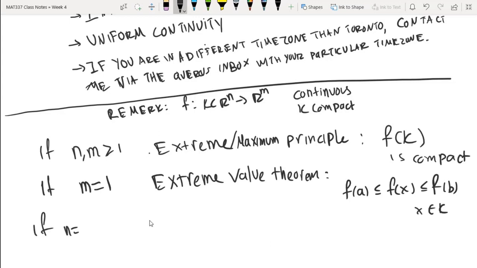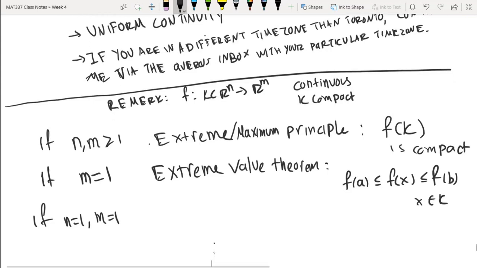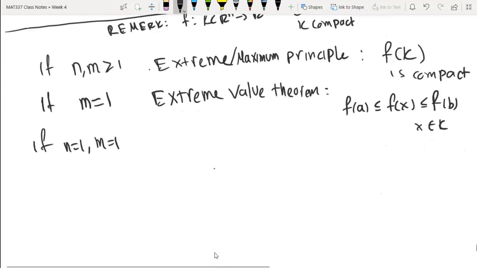And if you have both n equals 1 and m equals 1, you have the intermediate value theorem.